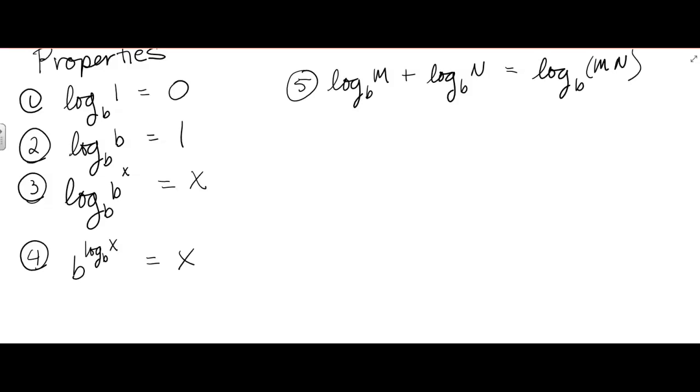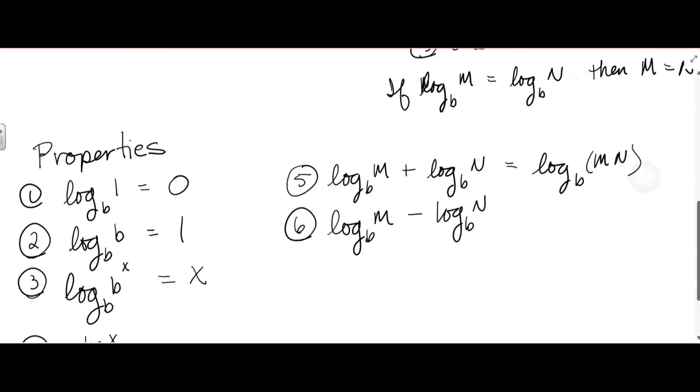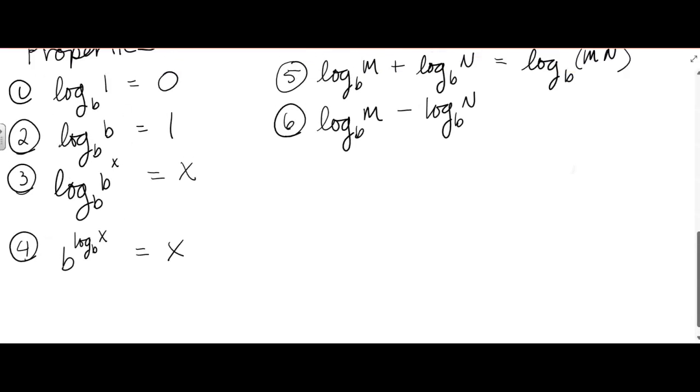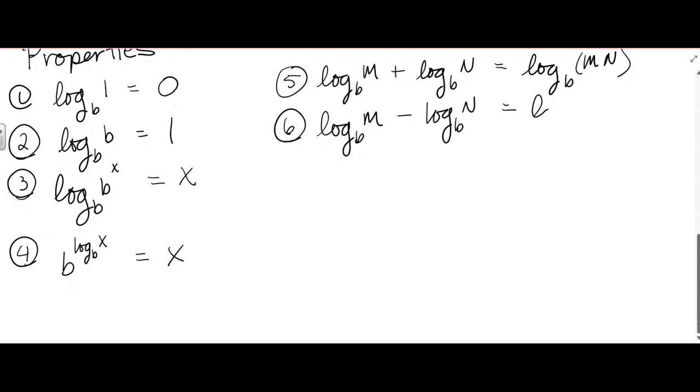And you can write it the other way. It goes both ways. So log base b of m minus log base b of n. Did I put a minus sign up above? Yeah, okay, just checking. Equals log base b of m divided by n. So those were when we wanted to condense things.